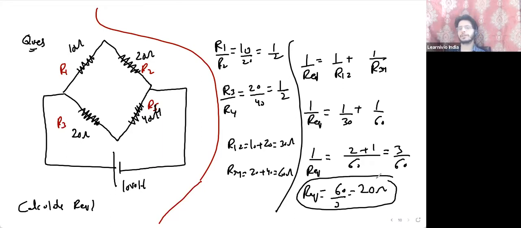Sania, again, you're not taking the reciprocal. 20 ohm, 20 ohm. Amalia, Fatma, is it clear, Amalia? Yes, sir.